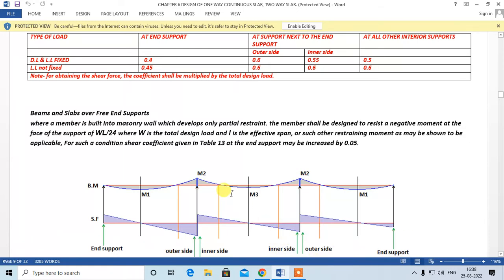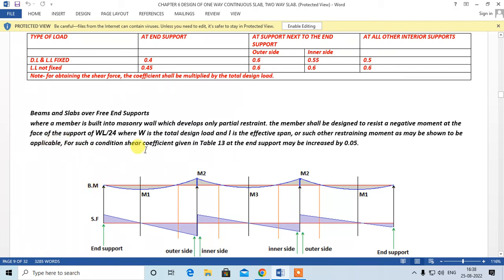As I explained, if the slab was supported on a beam at the end support, then these were the coefficients which we had to take. But our slab is supported on a wall.